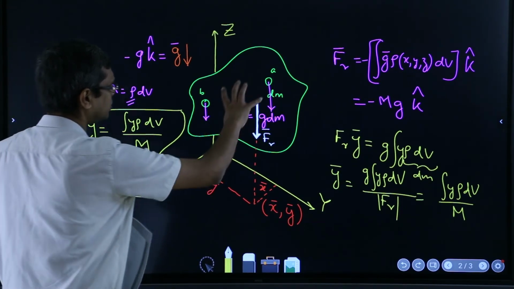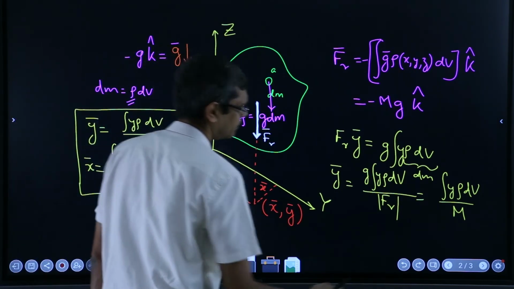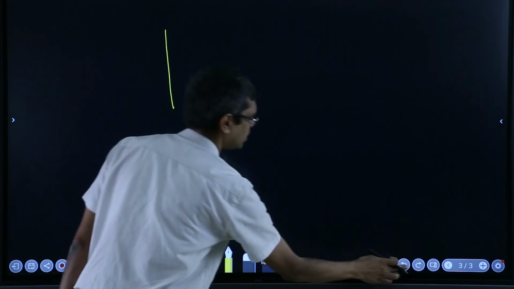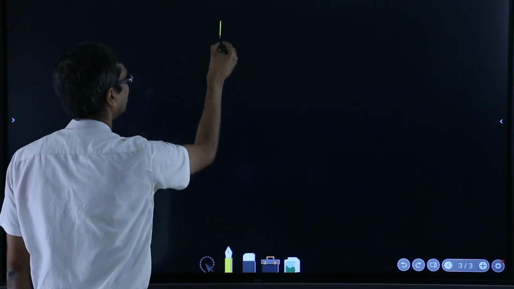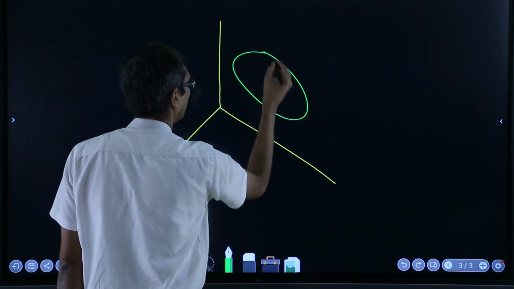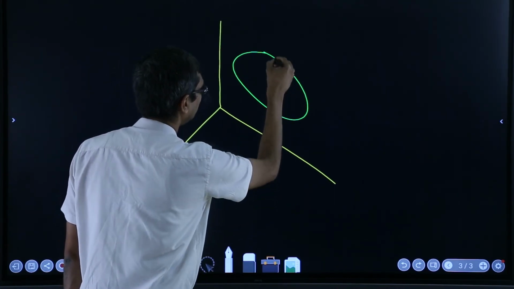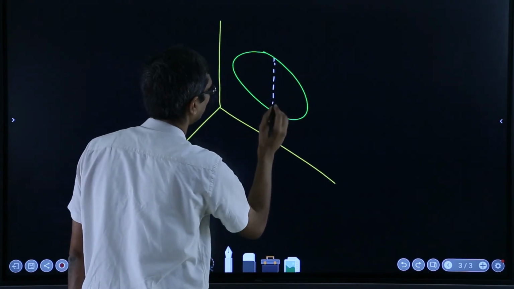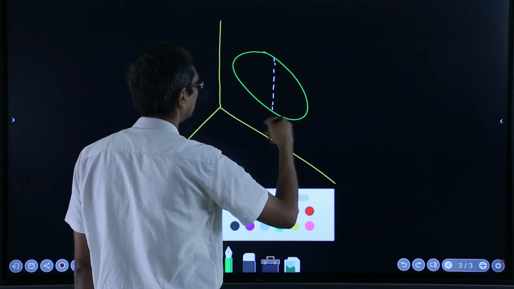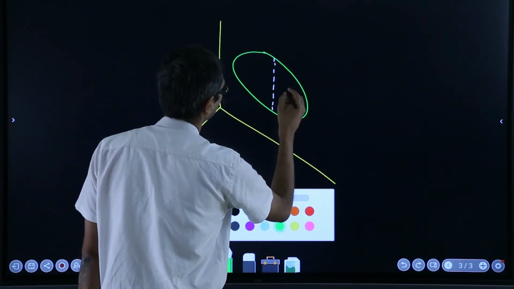Now if I turn this body, let me go to another one. Suppose you have the axis like this, and suppose initially your body was like this, and you created that Fr force, and from that you created this line. Then you twist the body into another orientation, and you will get another line.